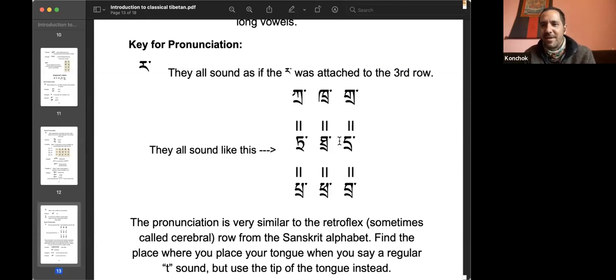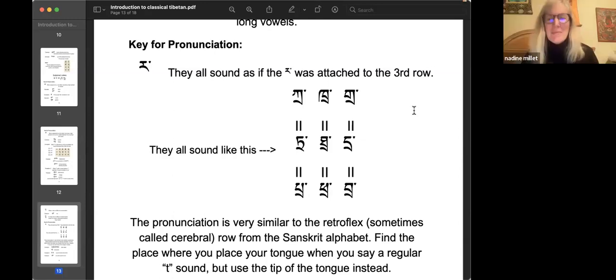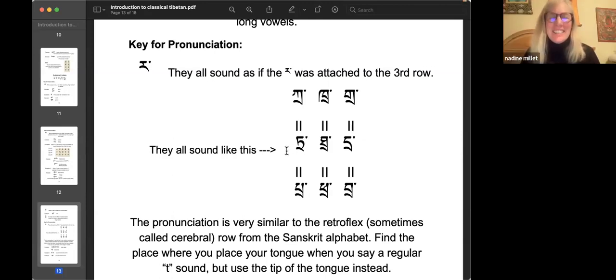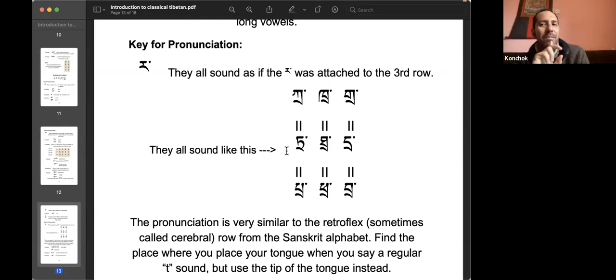Ta. Can I hear some tas? How about Nadine? Would you share your ta with us? You mean the ta or the ta? This one, ta. So the tip of the tongue flexes.